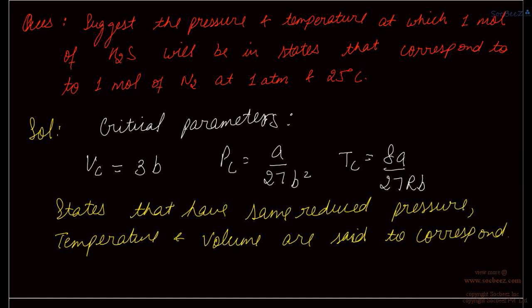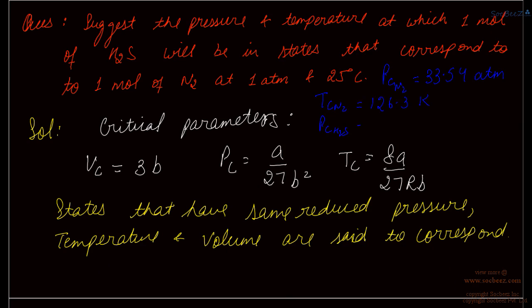So this was the concept that was required in this question, and some variables were given to us. The given variables: critical pressure for N2 is 33.54 atm. Critical temperature for N2 is 126.3 Kelvin.